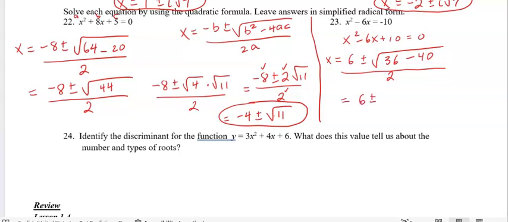All right, 36 minus 40 is negative 4. The square root of negative 4 is 2i. And then we can reduce because all of these are divisible by 2, and that's going to be 3 plus minus i as our final answer.